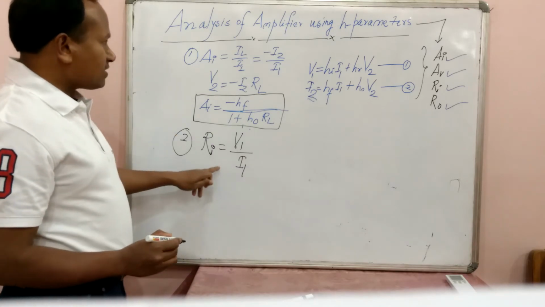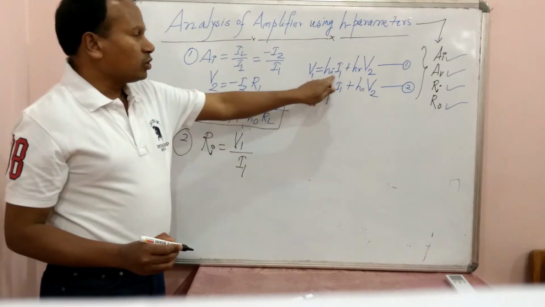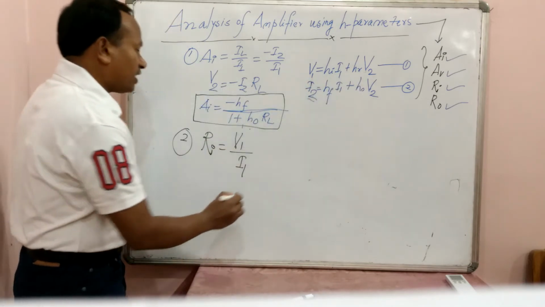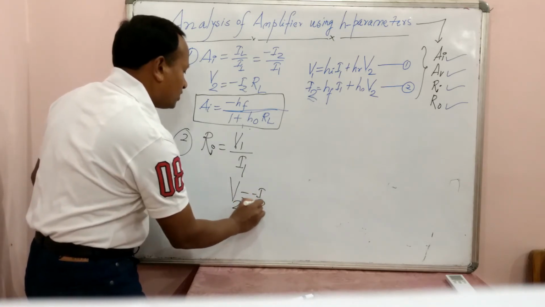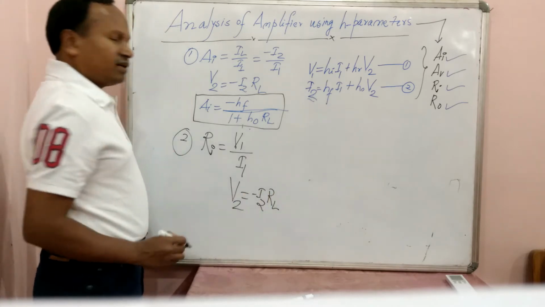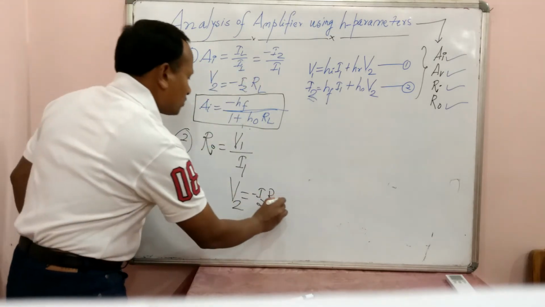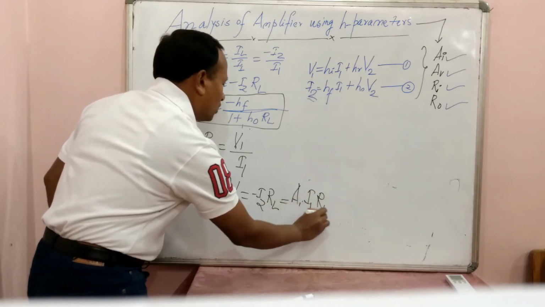How can we get this? See the first equation. This is written in terms of V1. V1 equal to HI I1 plus HR V2. We need to replace V2. Very easily we can write: V2 is equal to minus I2 into RL, and minus I2 is AI into I1. So V2 is AI I1 into RL.